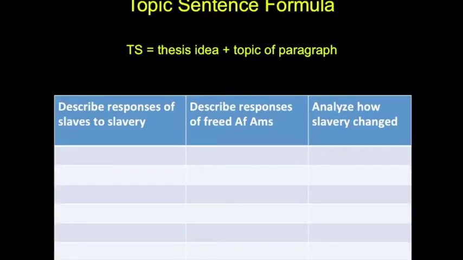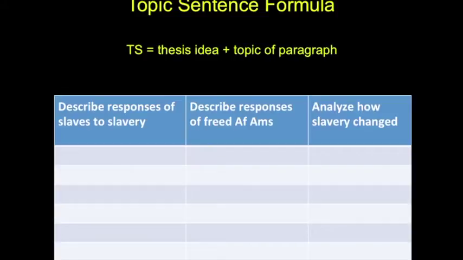Next, each paragraph should deal with one and only one topic. Ideally, you've already identified the distinct topics of your paragraphs during the pre-writing stage. In our example essay on slavery, we split the question up into three parts based on the question. 1, a description of slaves' responses to slavery. 2, a description of freed African Americans' responses to slavery.